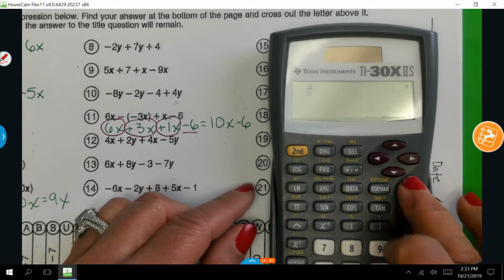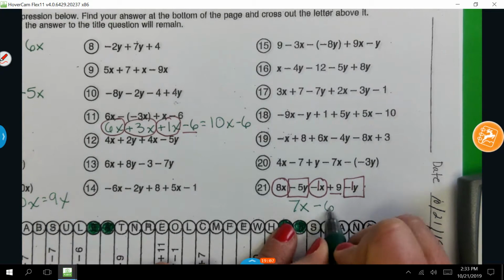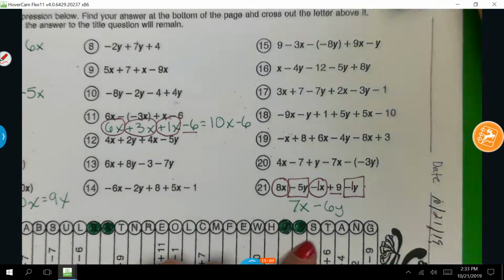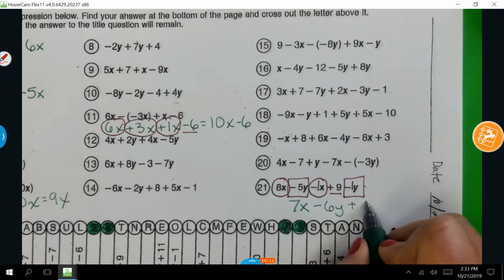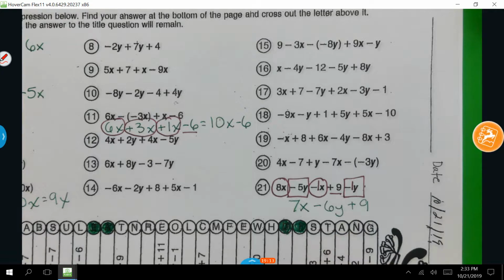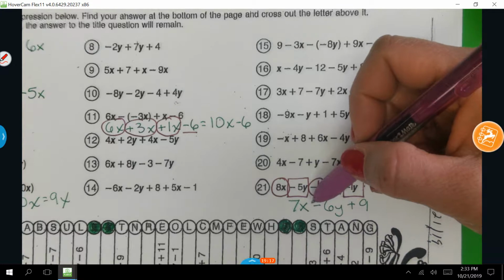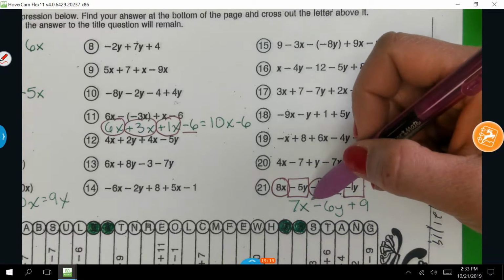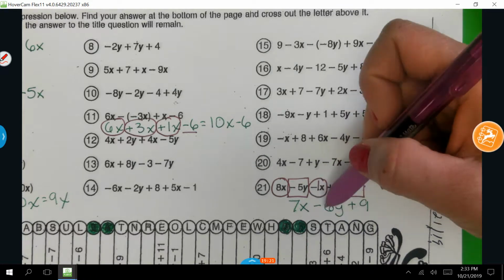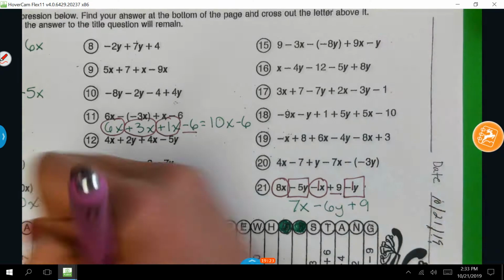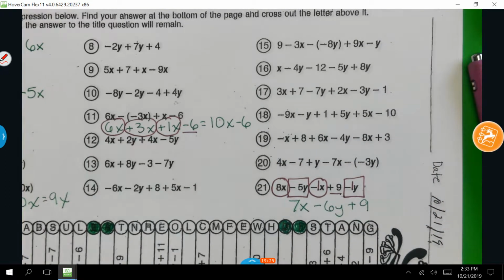Negative 6. So you just put minus 6y, and then what's left? Plus 9. Positive 9. Which is 7x minus 6y plus 9. Oh, it's right at the front. Yep, it's the very first one.